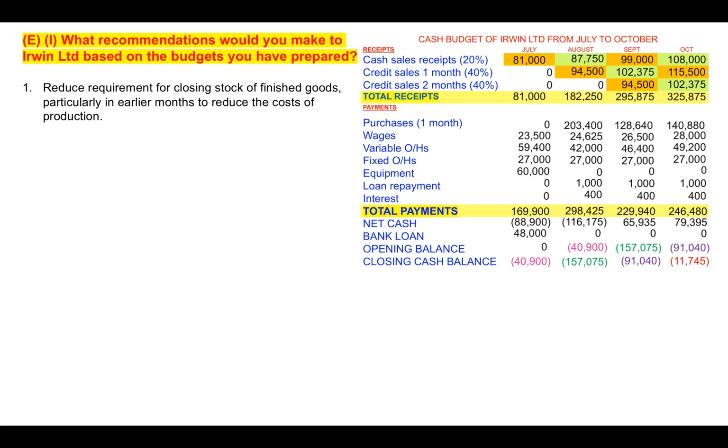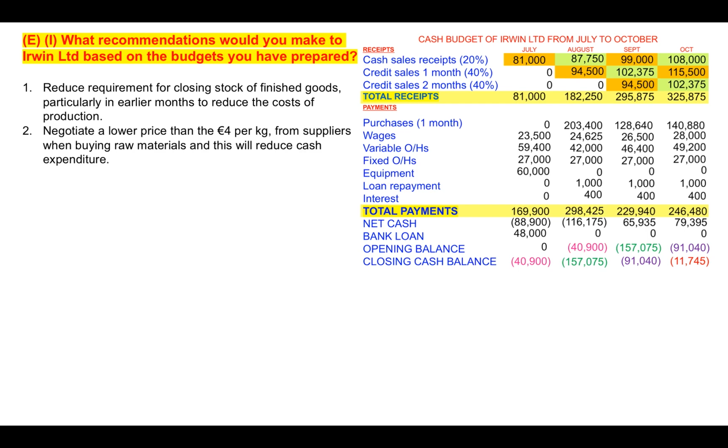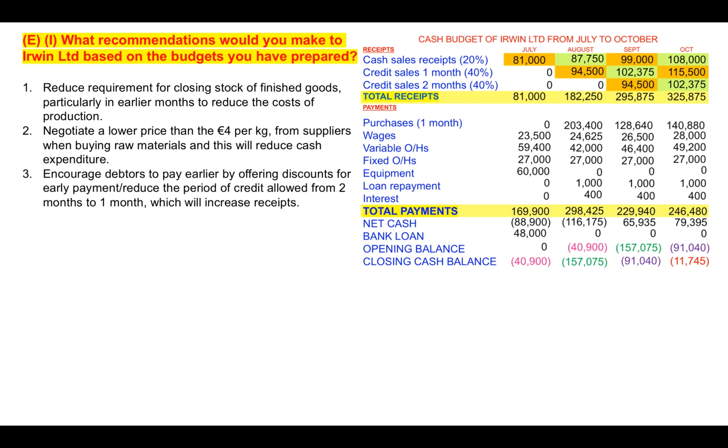Reduce the requirement for closing stock of finished goods, particularly in earlier months, to reduce the cost of production in those months. So if you ask for less closing stock, it's going to cost you less to produce them, especially in those earlier months. Negotiate a lower price than the €4 per kg from suppliers when buying raw materials, and this will reduce cash expenditure.